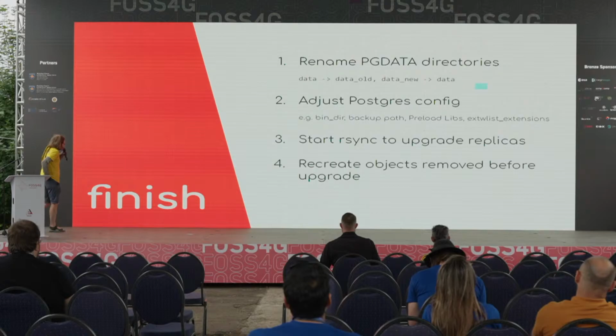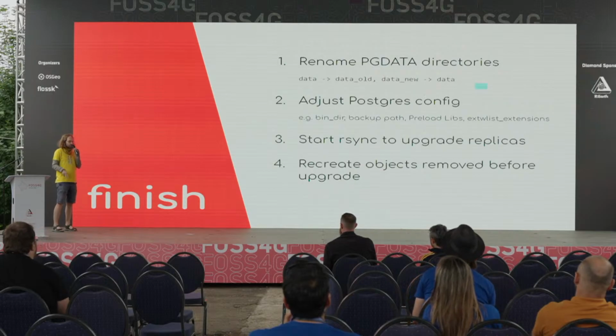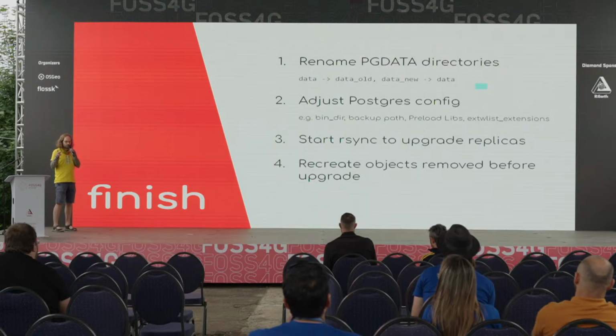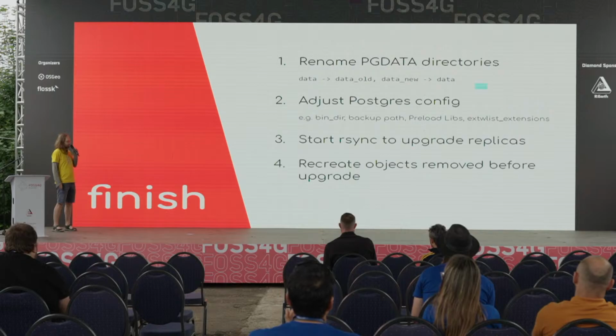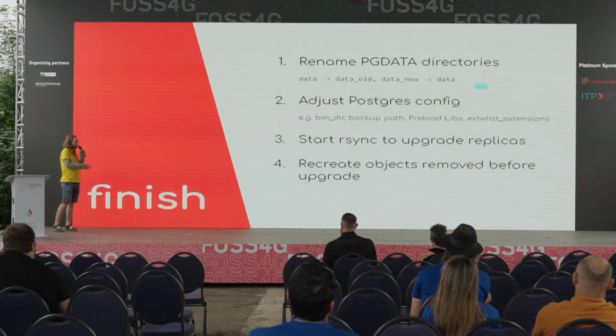Okay, so when pg_upgrade is finished, you can rename your data directory, because you remember there are 2 data directories on your server. You have to adjust the Postgres config so that all the paths are correct and pointing to the right libraries. And in case you have replicas, you can upgrade your replica servers just by using rsync.